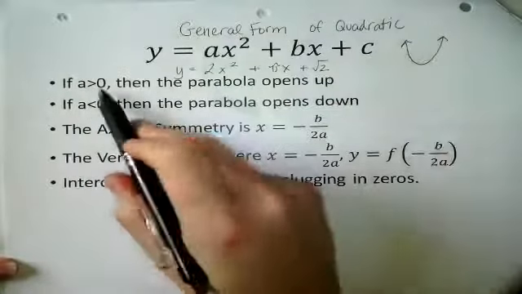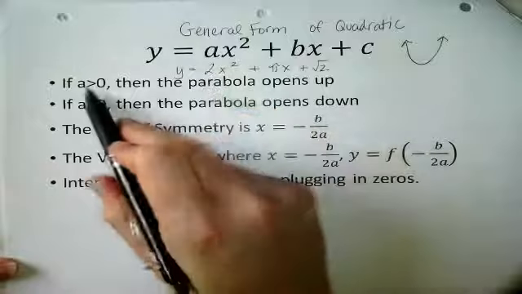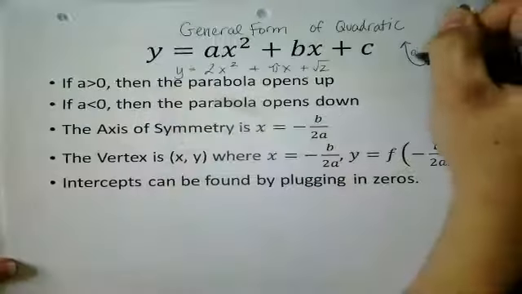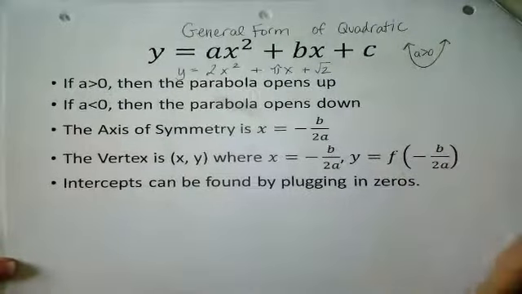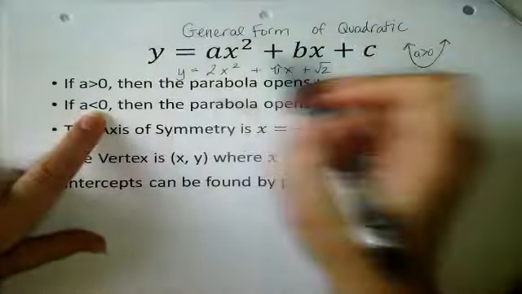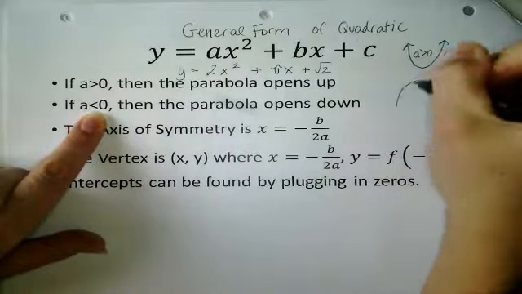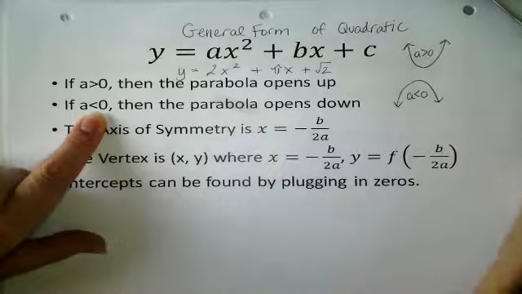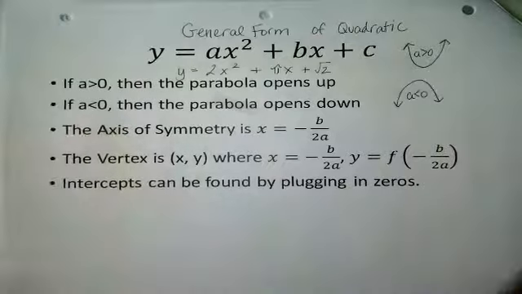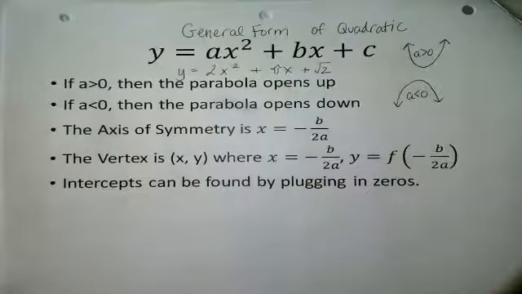Now, if the a is greater than 0, so in this case, the a was 2, then we have a parabola that opens upward. And if the a value is less than 0, like a negative 2, then that parabola would open downward. And that's really important right off the bat. You can just tell if a parabola opens up or down based on whether that value in front of the x squared is positive or negative.